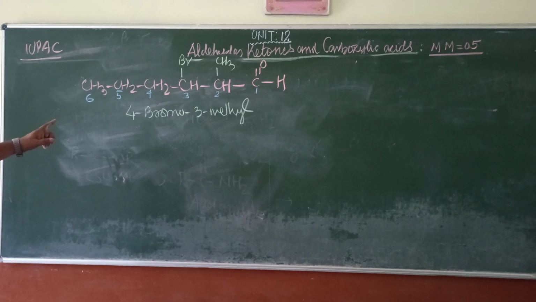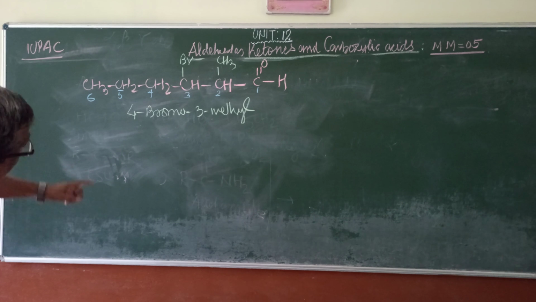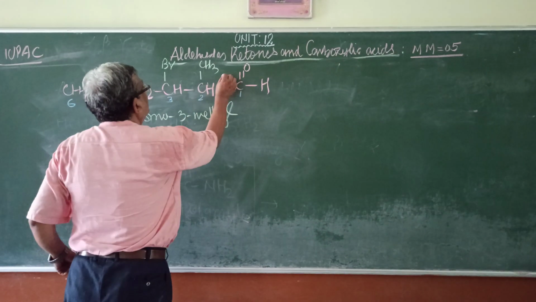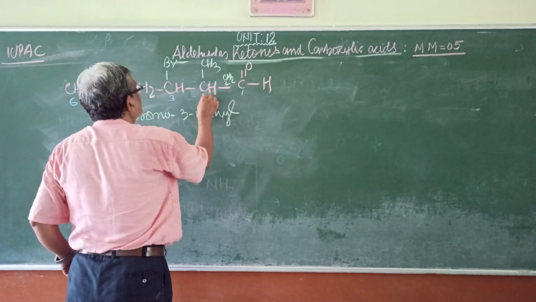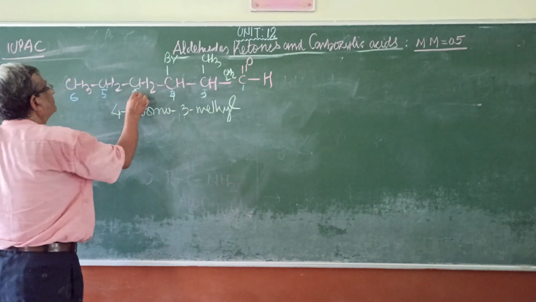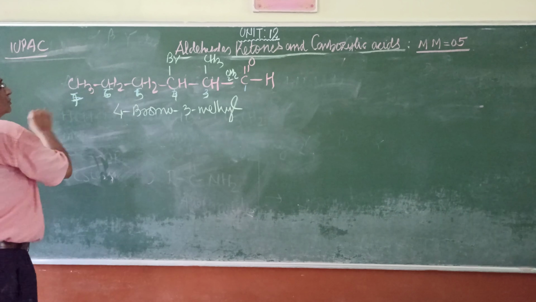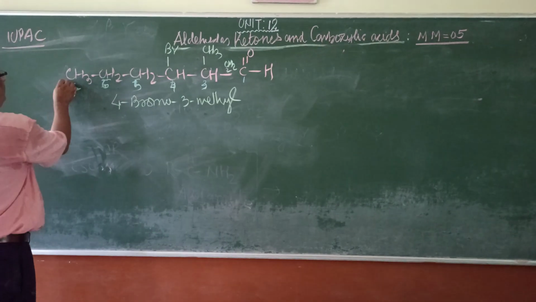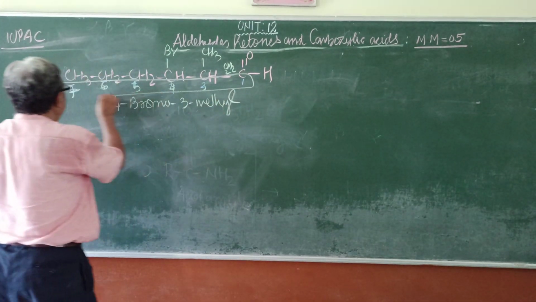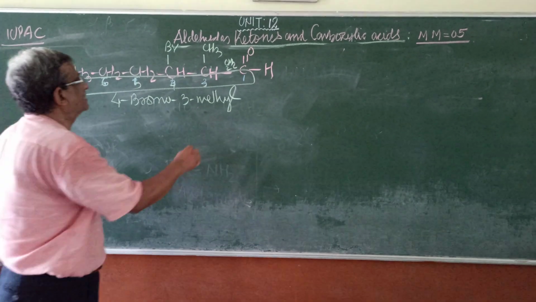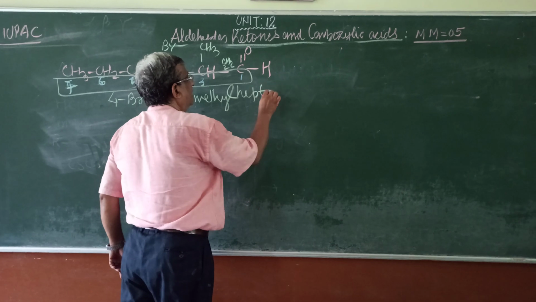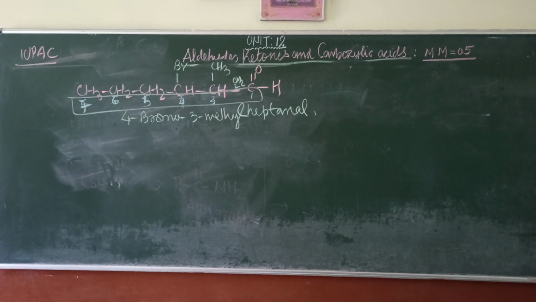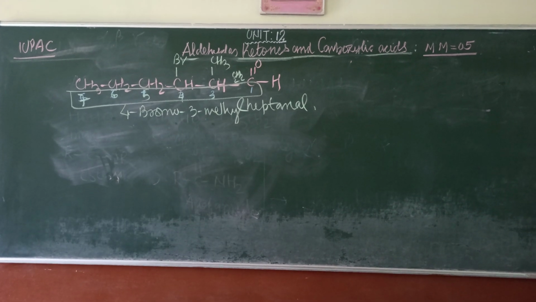And just wait. 4-bromo CH3, CH2, CH2, CH. One CH2 is missing here. This is 1 here, this is 2, this is 3, this is 4, this is 5, 6, and 7. So it's called 4-bromo 3-methyl. And since we have a chain of 7 carbons, 4-bromo 3-methyl heptanal. This is the IUPAC nomenclature of aldehydes.